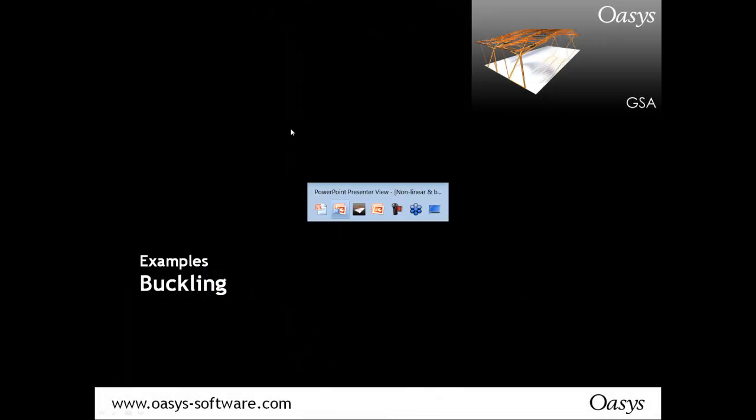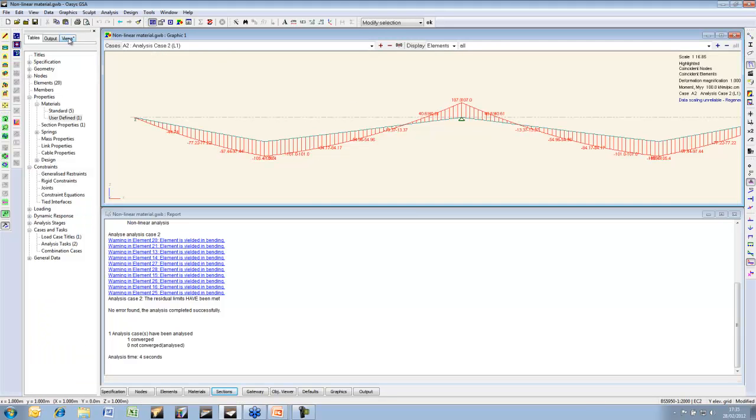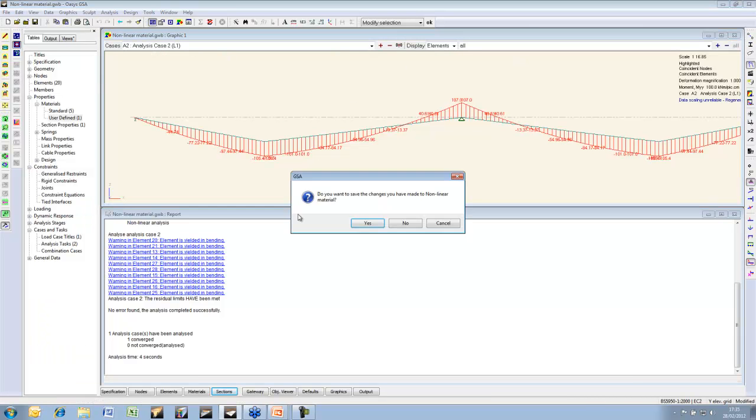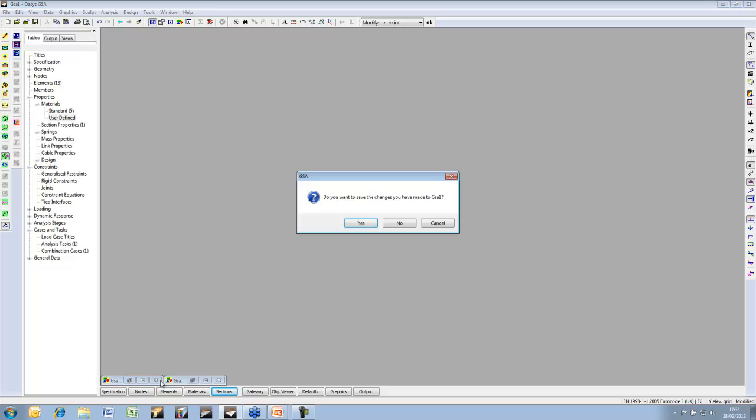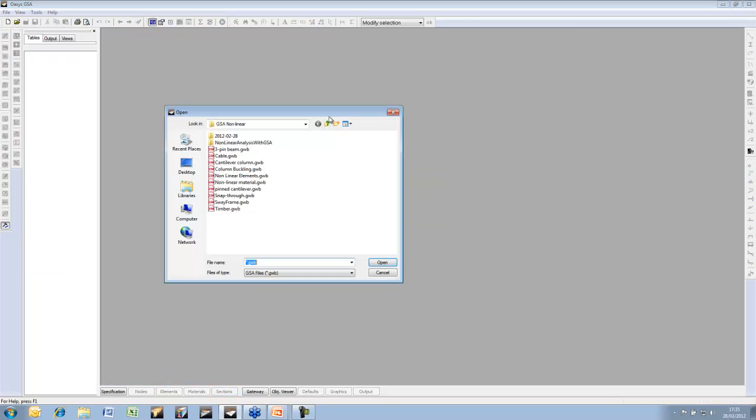So, examples. Let me just tie this up and open up the column model.